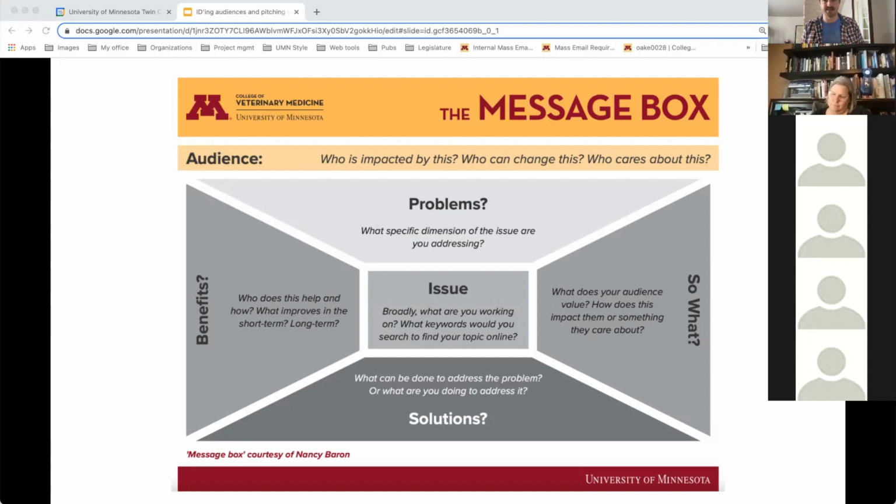For scientists, the so what piece can be difficult because we run the risk of imposing our own values, and not everybody shares those values. Where possible, as we've discussed previously, it's a good idea to understand the people you're talking to in order to truly understand what motivates them and what's important to them.